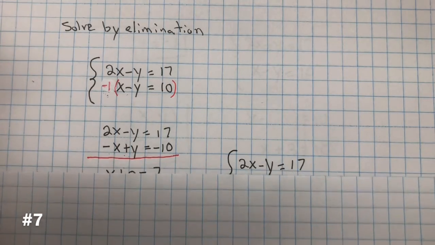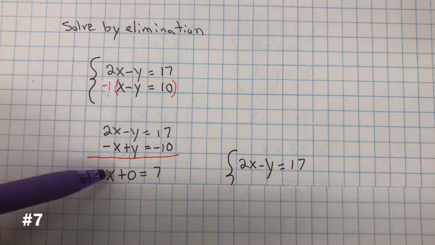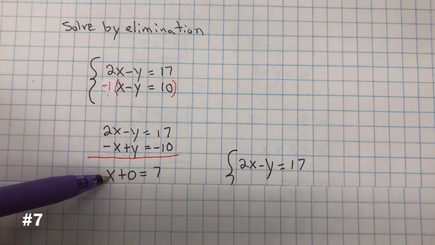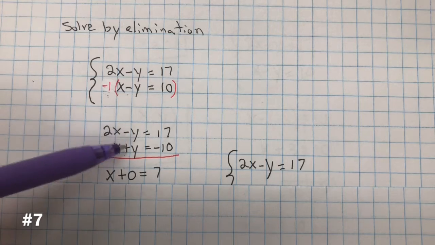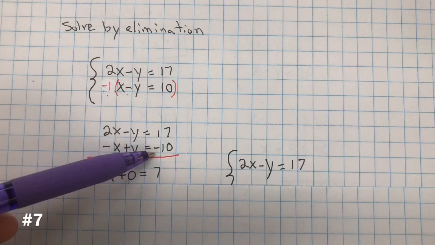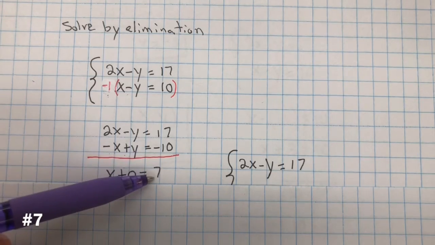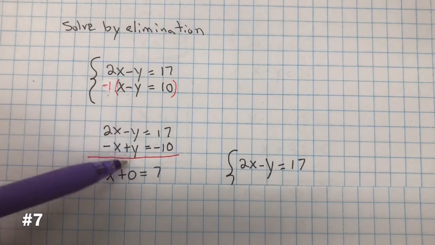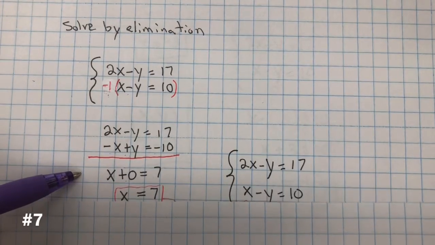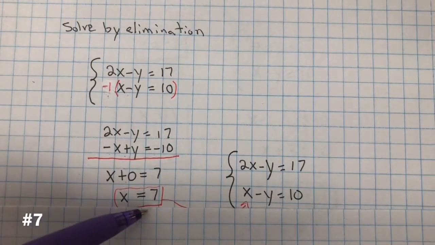And what I can do is add these two equations together. 2x minus x is x. -y plus y is 0. 17 and -10 is 7. And I've eliminated the y variable. So now I can solve for x, and x equals 7.